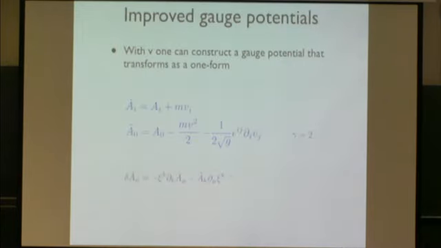So if we have V, then we can construct a gauge potential that transforms like a one-form. So we can write the A tilde, the new improved gauge potential, and check that this gauge potential transforms like a one-form. That means that if we now write a Chern-Simons term, we will write down something gauge diffeomorphism invariant.